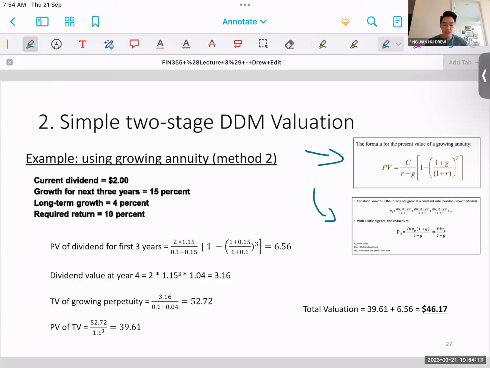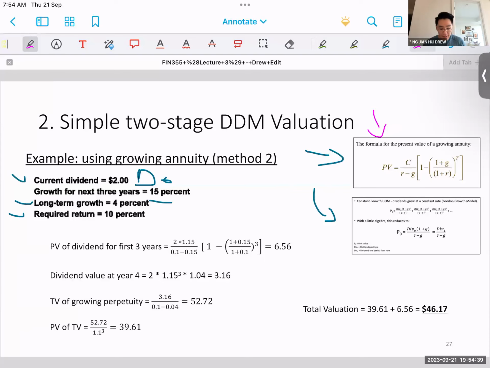Let's look at the question again. Very simple question, very similar to what we saw earlier. We have a current dividend, D0, of $2. The growth for the next 3 years is high growth at 15%, long-term growth at 4%, required rate of return is 10%. So for the first 3 years it's going to grow at 15%, and therefore we can use the growing annuity formula given here.